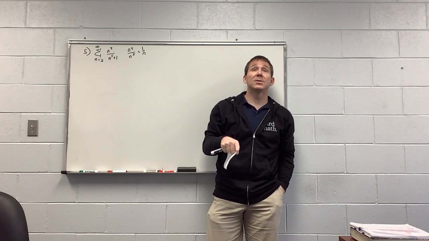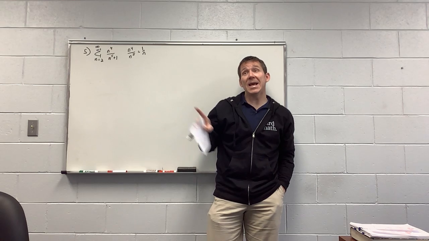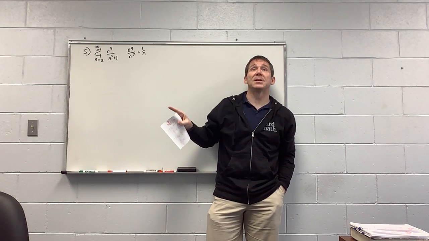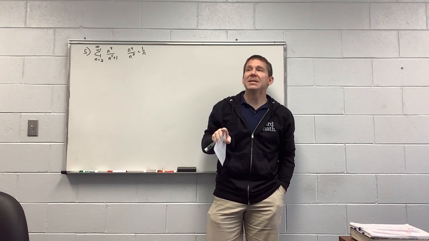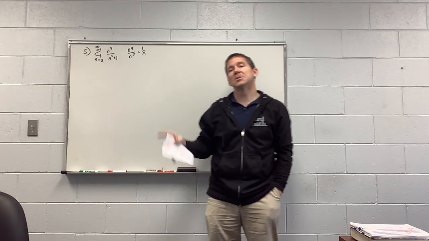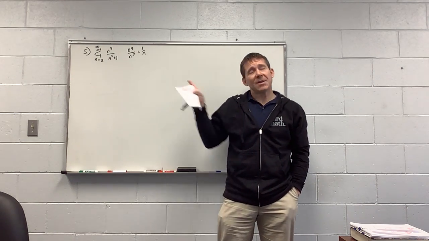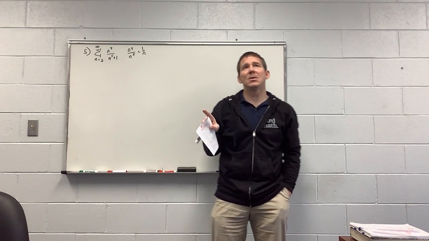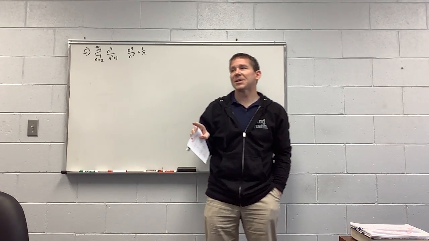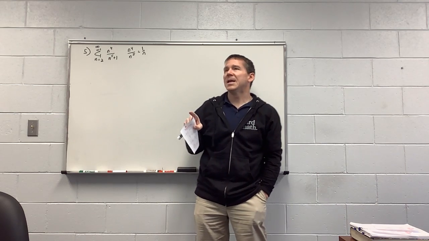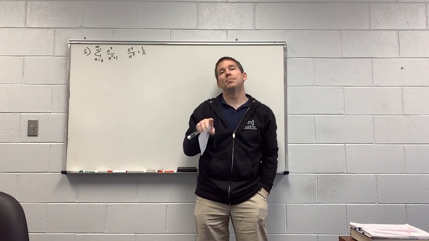If I want to use the comparison test, and I assume this is divergent, then I need to find a series that is smaller than it that also diverges. And if we have a fraction, generally the way we make a fraction smaller is to make the denominator bigger.